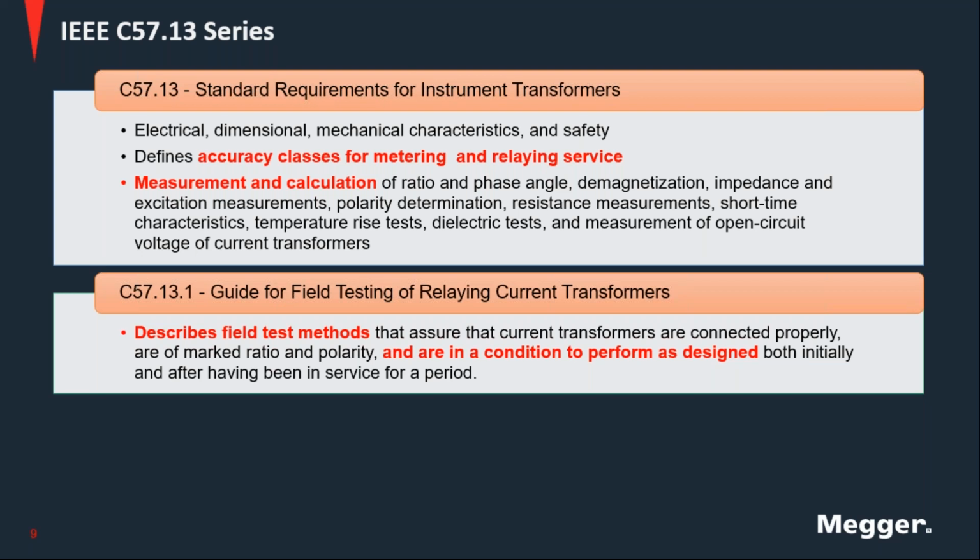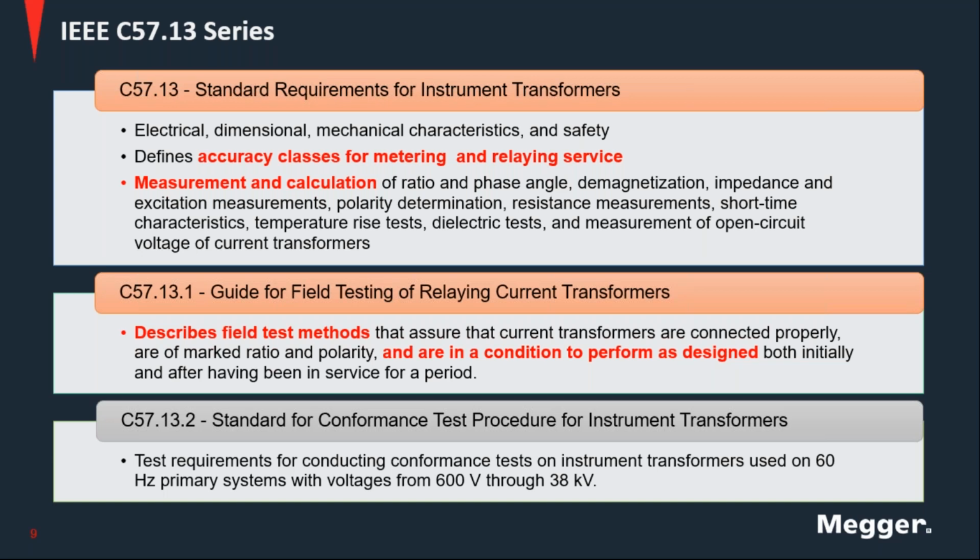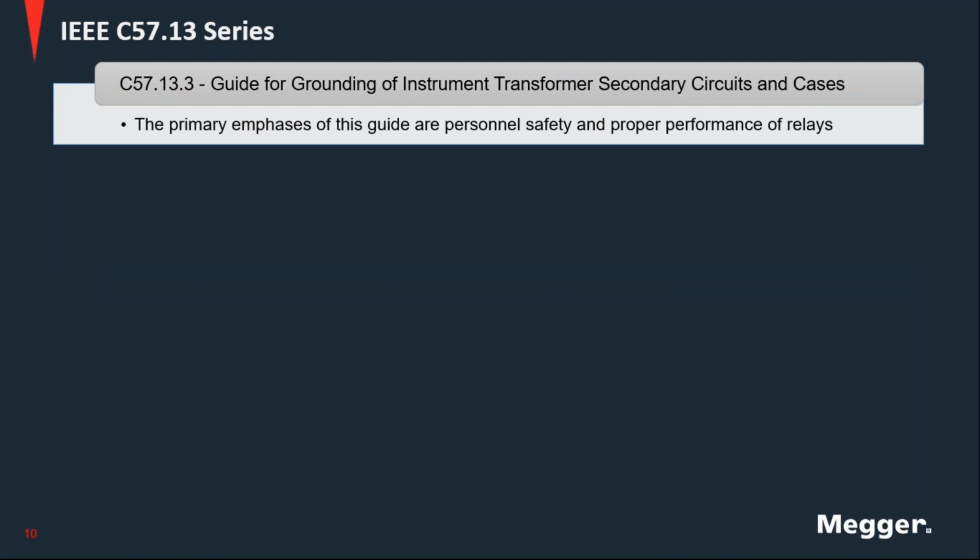It adds to the field test methods, and it also shows the methods to evaluate if the instrument transformer is performing as designed. There are other documents that do not relate to our topic today, like C57.13.2, the conformance test procedure, and also C57.13.3, the guide for grounding of instrument transformer secondary circuits and cases. And this is mainly about safety.